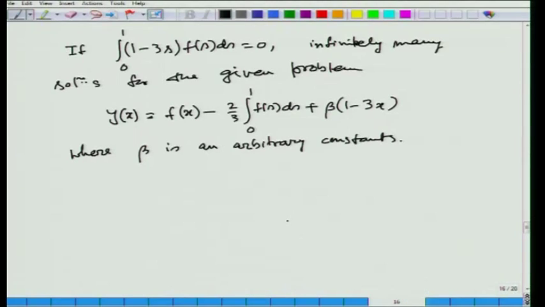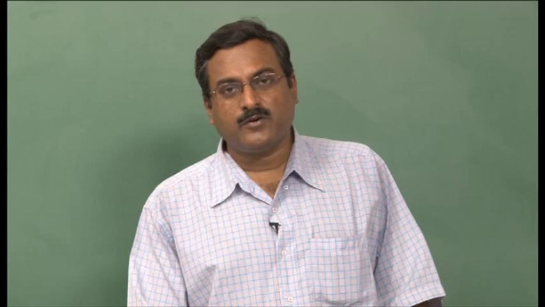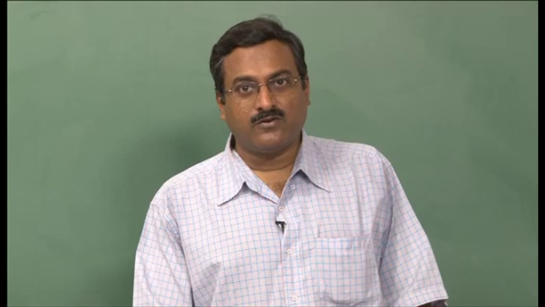Another point that you have to keep in mind is that only f(x) equal to 0 does not correspond to the system of linear homogeneous equations, that is (I_n minus lambda A) y equal to theta, n cross 1.